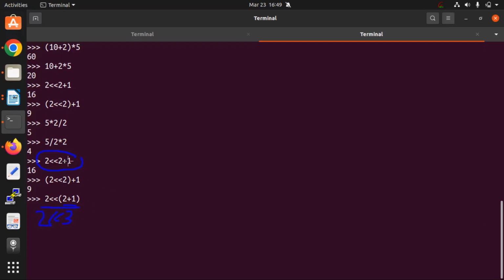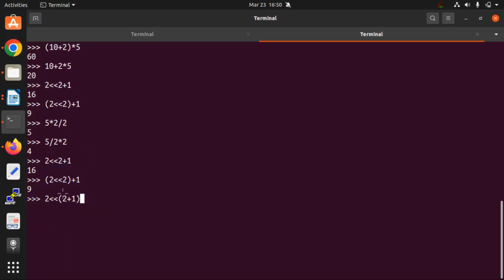So it becomes very clear to anybody who sees this expression as compared to seeing this. Seeing this is ambiguous. We are not sure what you actually mean. Do you want to do 2 plus 1 first, or do you want to do shift operation and then do a plus 1? But if you see this expression, you are very clear that it has to be 2 plus 1 first and then the shift operation.